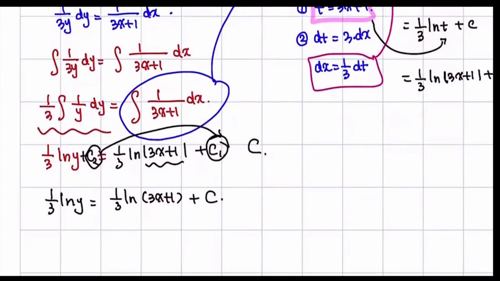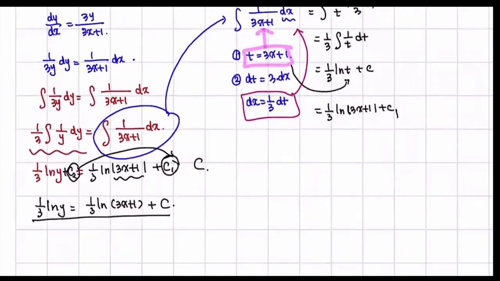Multiply 3 on both sides. So ln y equals ln of 3 times x plus 1 plus 3 times c. So y equals e to the power of ln of 3 times x plus 1 plus 3c.